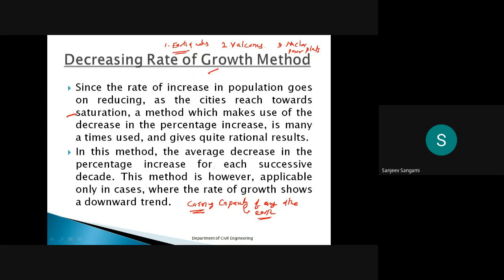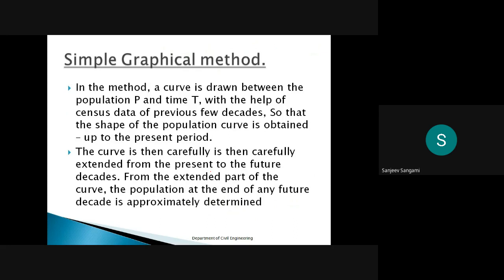The growth, if you see, will always be in a decreasing trend only. Of course, we rarely use it, but whenever they ask, you should be able to tell decreasing rate of growth method.